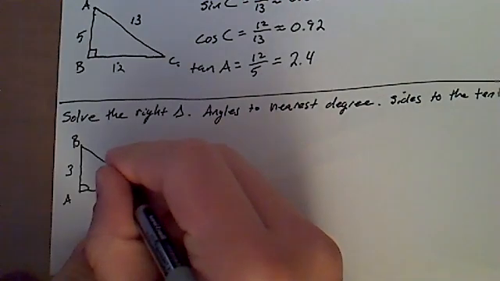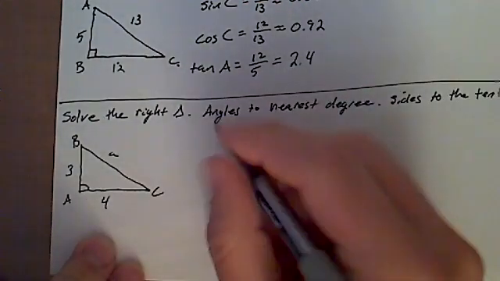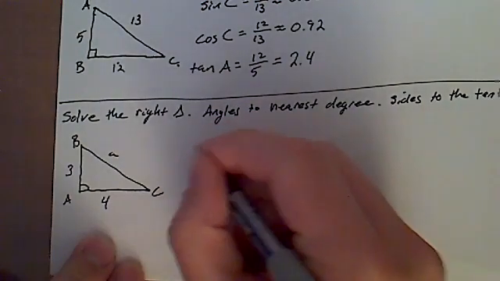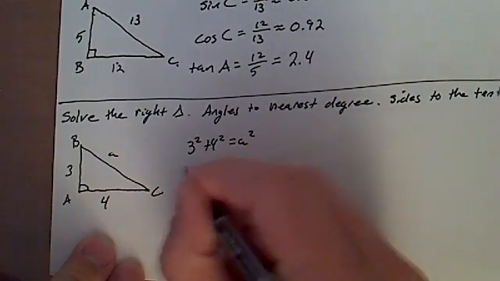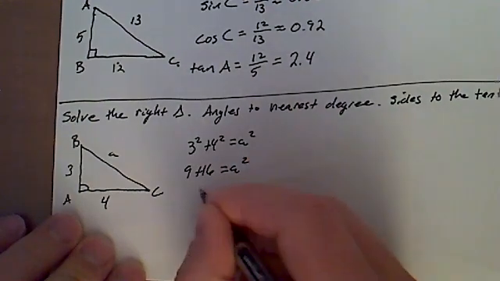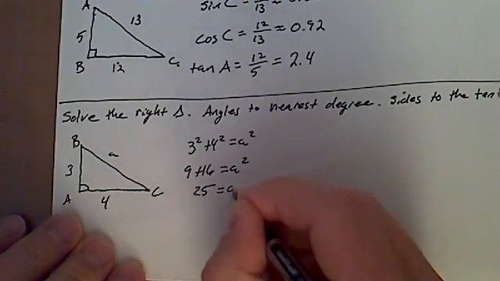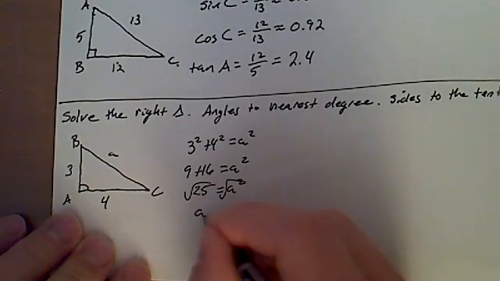You might also just call it A because it's across from A. So we could call it side A. Right, so this is 3 squared plus 4 squared equals A squared, or 9 plus 16 equals A squared. 25 equals A squared. Taking the square root of both sides, we get A is 5.